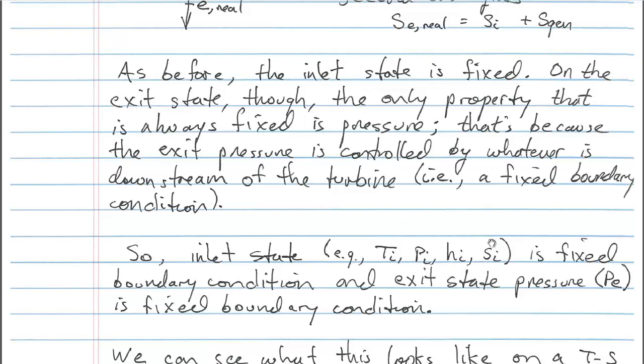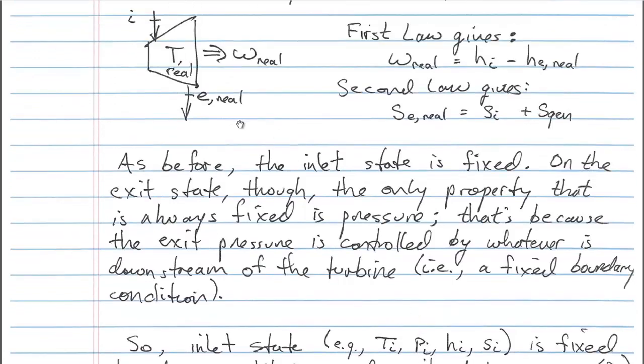That's prescribed. That's going to be true regardless of what happens downstream of that inlet state. So we say that the inlet state is fixed, and you could even say that that's a fixed boundary condition. Likewise, the exit state pressure, PE, is a fixed boundary condition. In other words, regardless of what happens through this turbine process, the exit pressure is always the same. It's a fixed boundary condition.